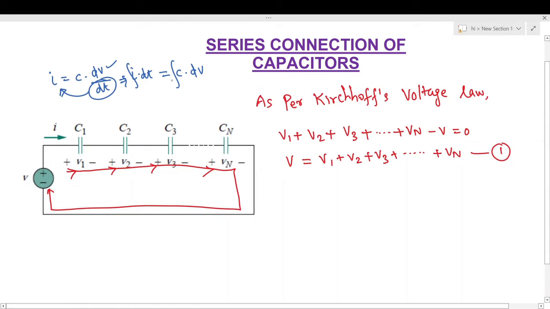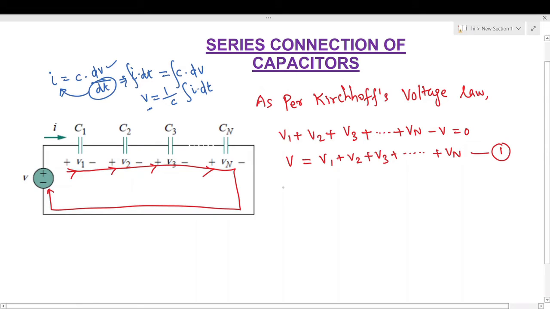Integrating this equation, I'll get V is equal to, C is constant, and we will transfer the value of C to the left hand side of this equation. So this will become 1 by C integral of I into dt. We are going to apply the value of V to equation 1.